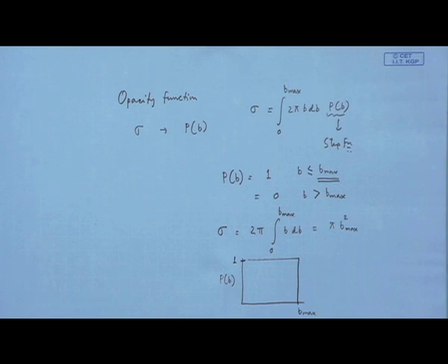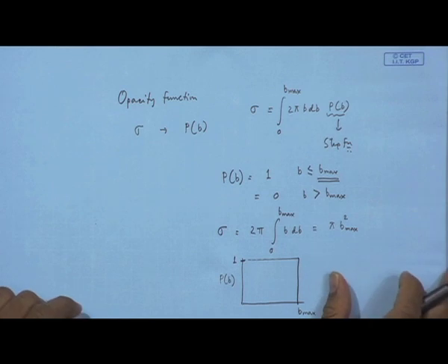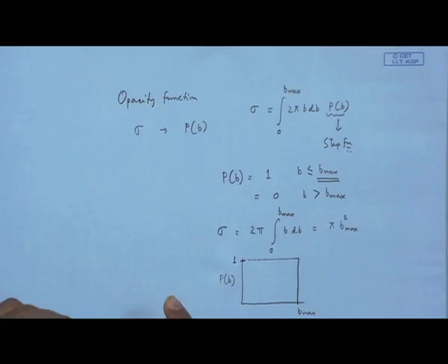Pb is the opacity function, the reaction probability function, and it represents the fraction of collisions with impact parameter B that will lead to chemical reaction. So cross section can be thought of as something that is averaged, like the dartboard description I told you.